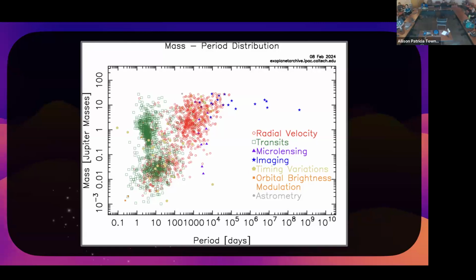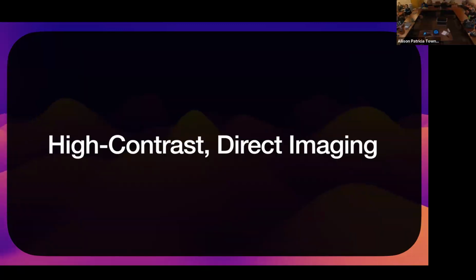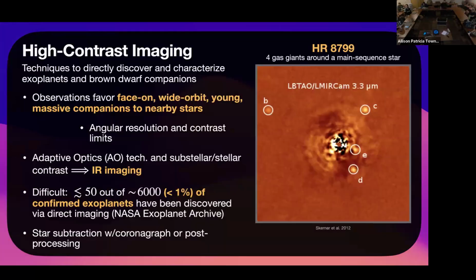So these planets can't be seen with other techniques currently. And the population is very small, but we're starting to build up something that we can get statistical results for. And this brown dwarf companion that I'll talk about today is one such directly imaged companion.